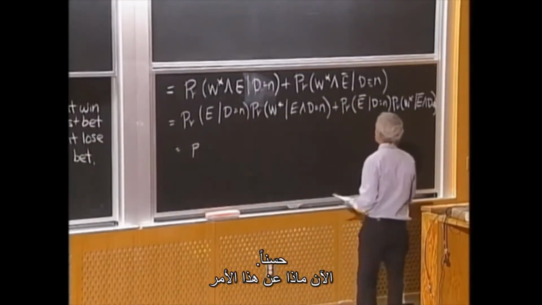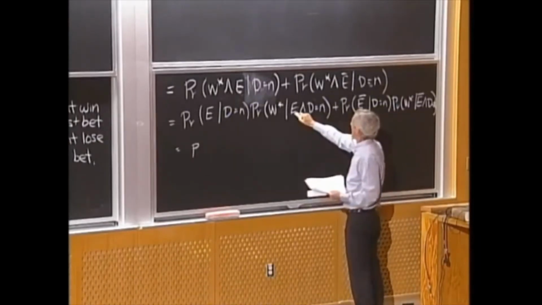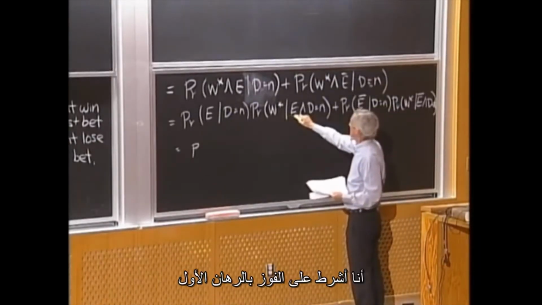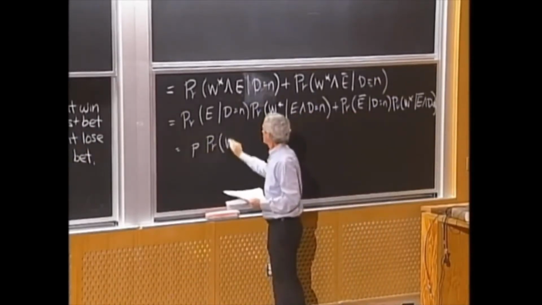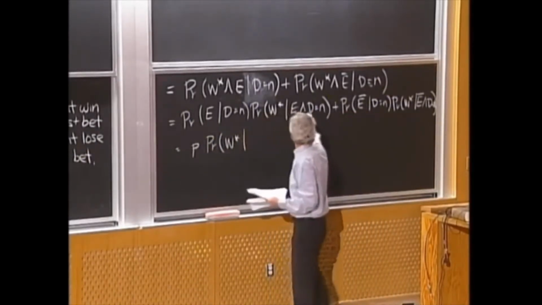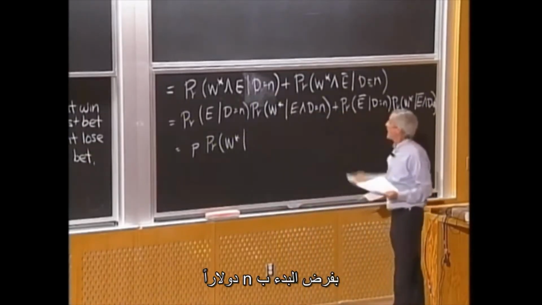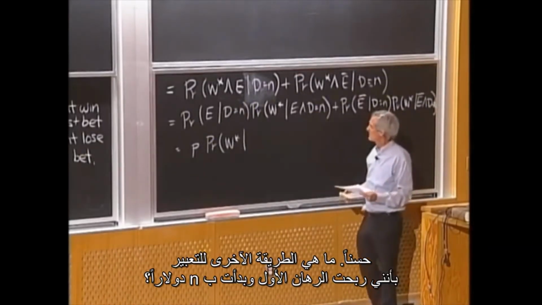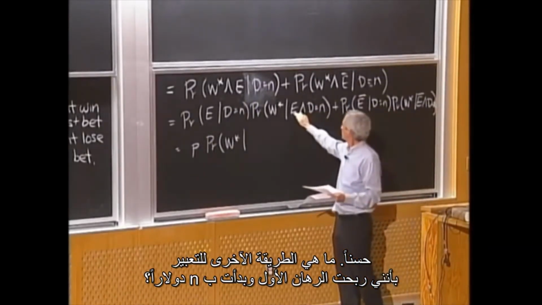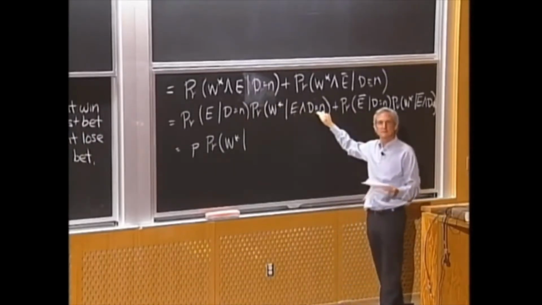Now, what about this thing? I am conditioning on winning the first bet, given that I start with n dollars. What's another way of expressing I won the first bet and I started with n dollars?